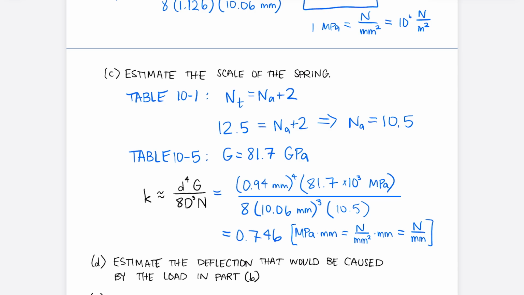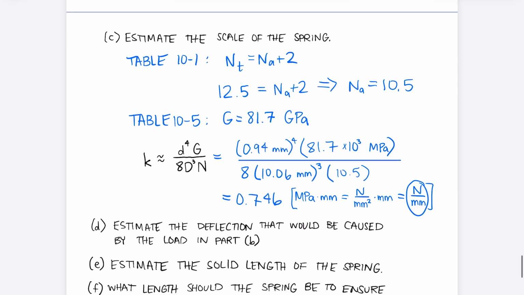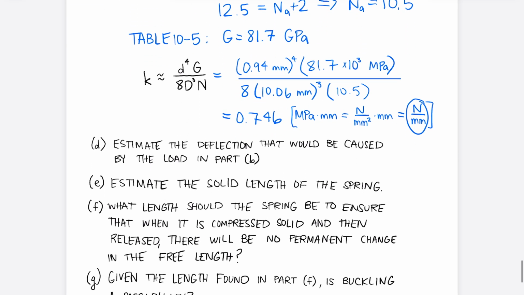And we like to use these units of newtons per millimeter because it is a force unit divided by a distance unit. It's the way that Hooke's law is set up, right? A force and a distance are related by this spring constant.